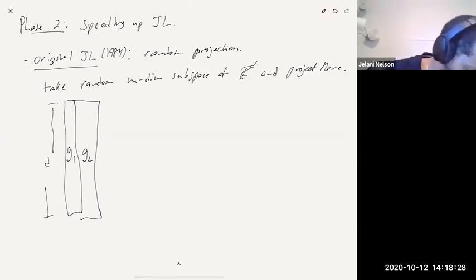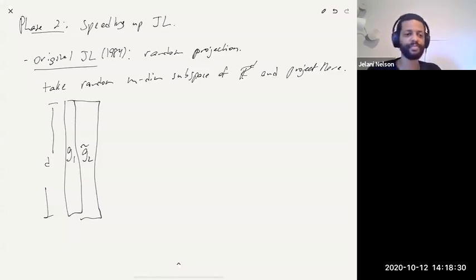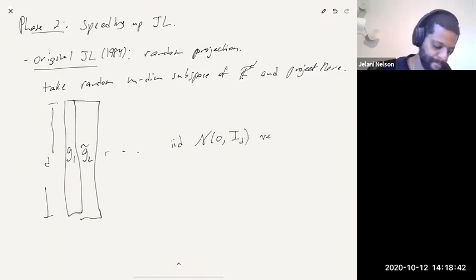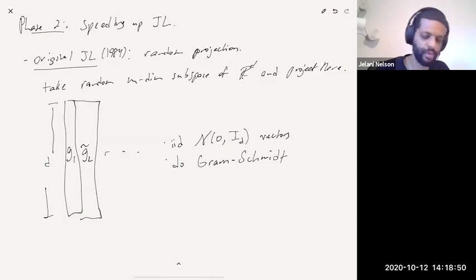This is like the normalized version. And then you normalize by its norm, etc. So basically you take IID Gaussian vectors, identity covariance matrix in dimension D, and then you do what's called Gram-Schmidt. Gram-Schmidt just means you orthonormalize them.